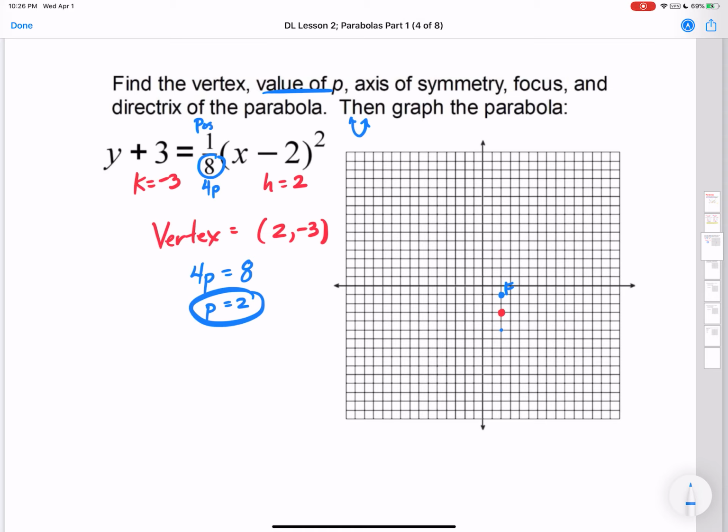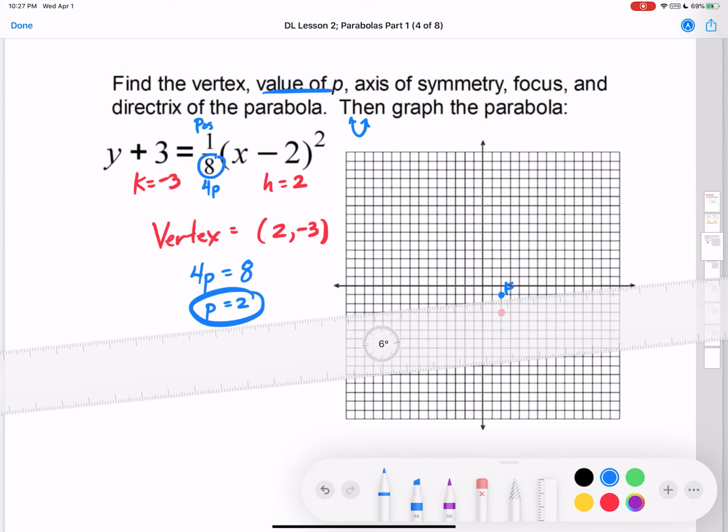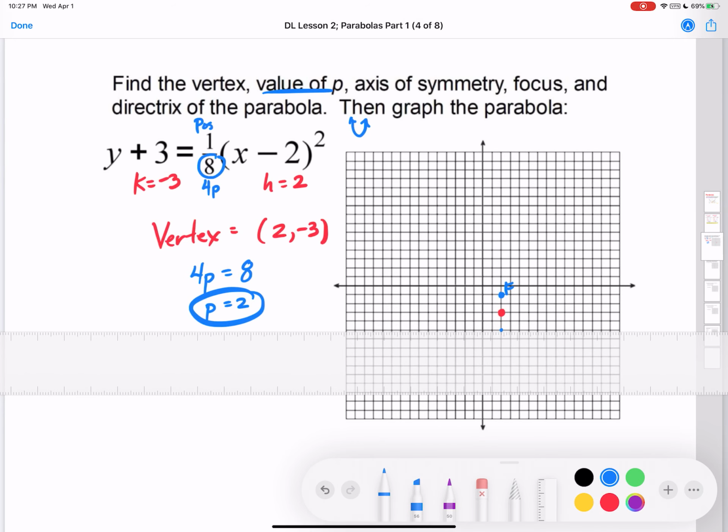Now remember, the directrix is a line. So I'm going to pull out my straight edge here and draw this straight line going through that point. So what we've just found is the directrix and the focus.